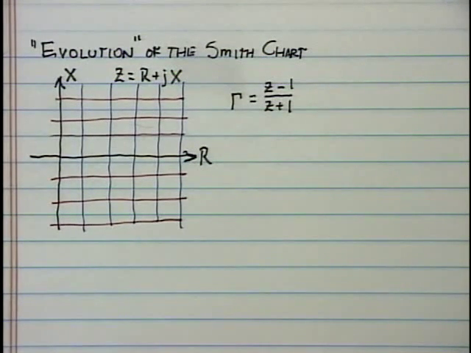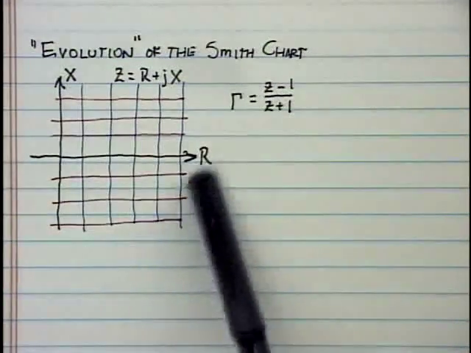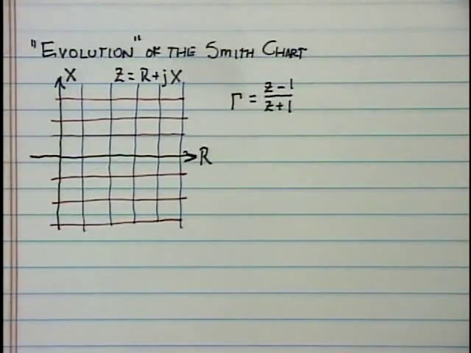I'm going to normalize that equation first by dividing by z0, so it becomes small z minus 1 over small z plus 1, where small z is equal to z divided by z0. Okay, that's the mathematical transformation that transforms the right half impedance plane into the Smith chart.